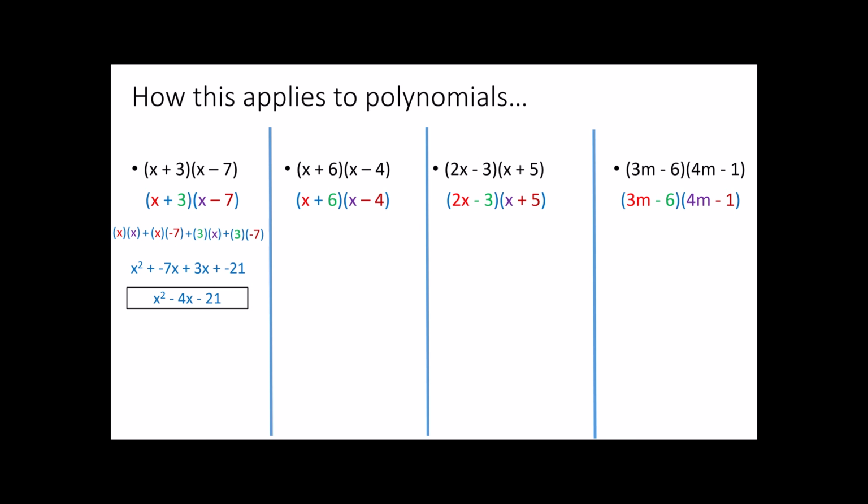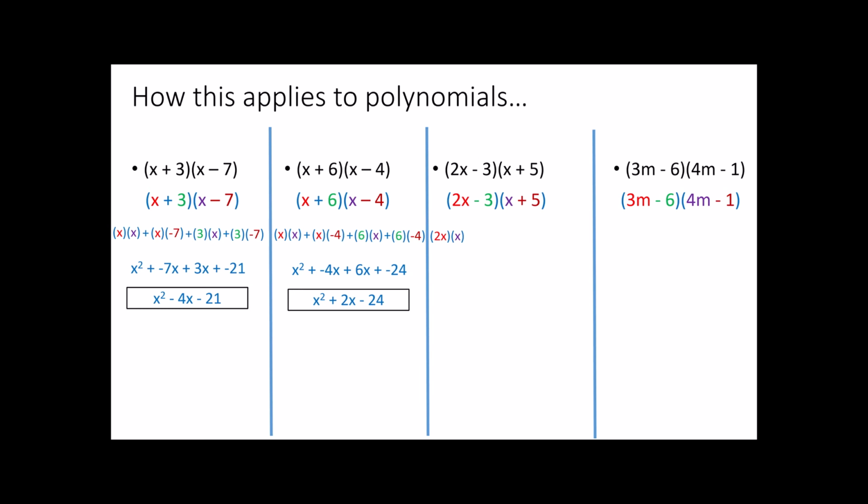The next example, you multiply the x's together. That's the first item in each set of parentheses. Plus, you're going to multiply the outside terms, the x and the negative 4, the inside terms, the last terms. You simplify each of those, combine those like terms in the middle.